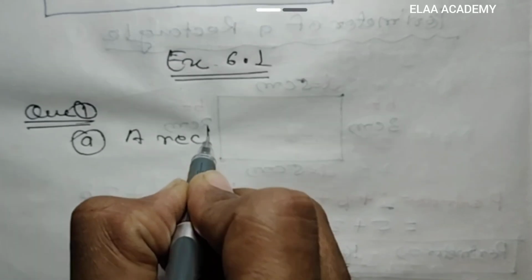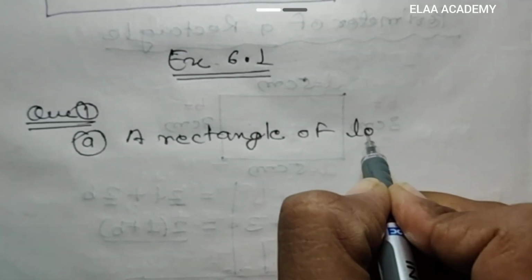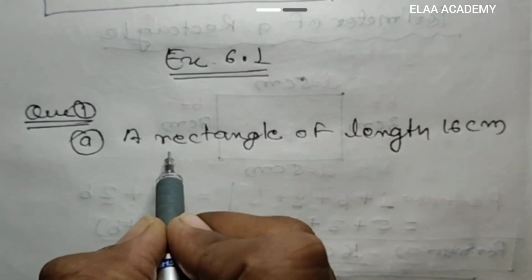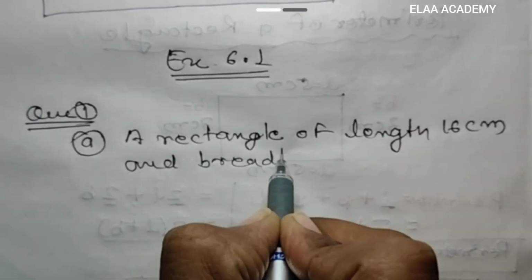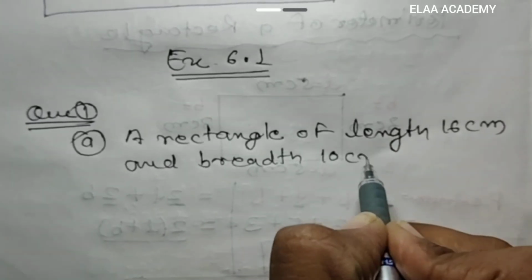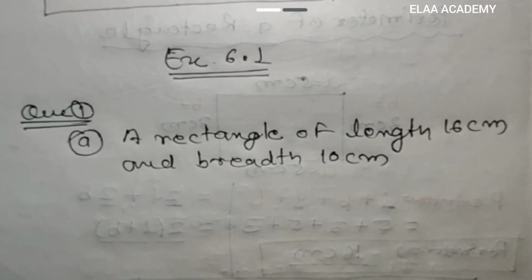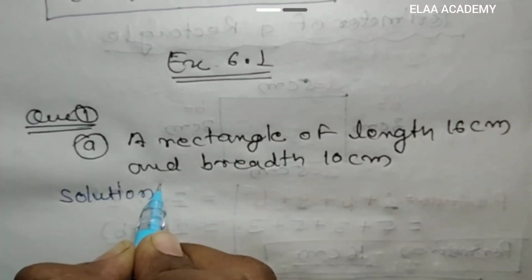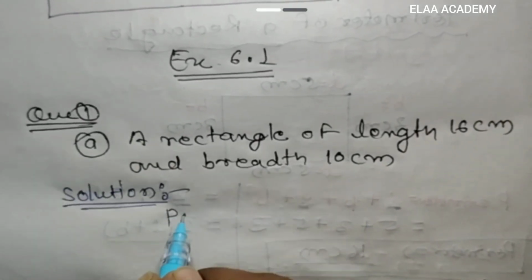First, A is given as a rectangle of length 16 centimeter and width 10 centimeter. So what is the formula for the perimeter of a rectangle?